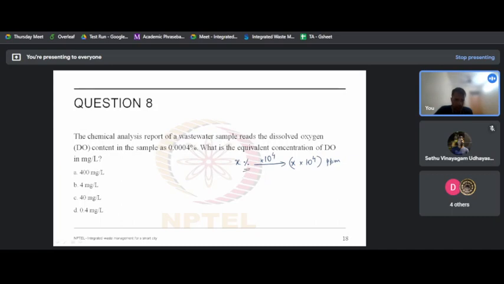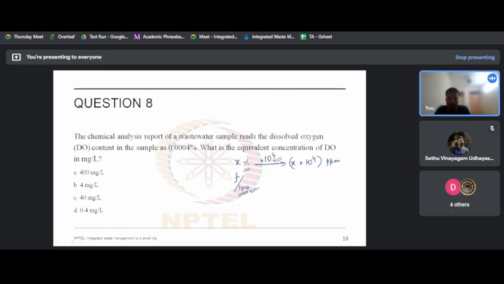Because percent means how much fraction in 100 units we have. From here we need to take it to a million. So we already have 2 zeros here, and when we add 4 zeros, that becomes 6 zeros. So that would be parts per million. That is the plain logic behind doing this.